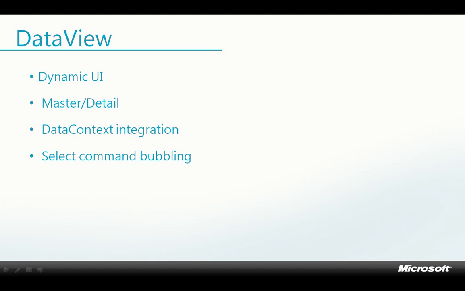If the data is a collection, then the DataView will replicate an instance of the template for each item in the collection. If the data is a single JSON object, then the DataView will display only a single template, so that means you can use the DataView for both master and detail displays. It can be integrated with the data context, and it also allows command bubbling for select commands, which we'll look at later.